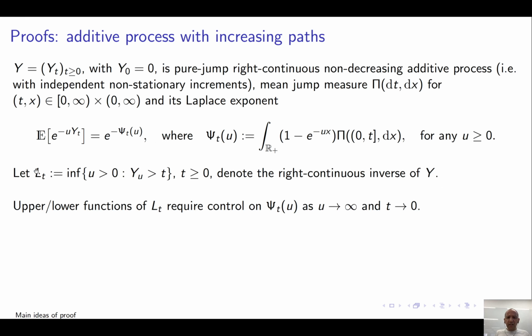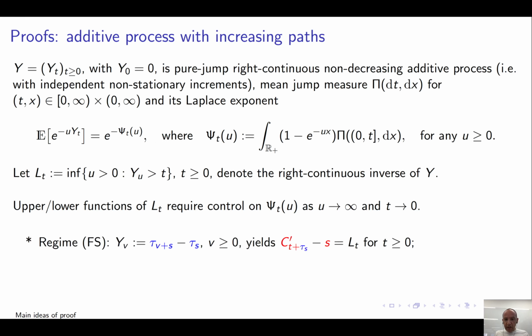So in the context, for example, of classical local time, you know that the inverse is the inverse of a subordinator. Here, this L of t serves as a similar function. We can apply it in our context. So the question is what additive process do we need to use?